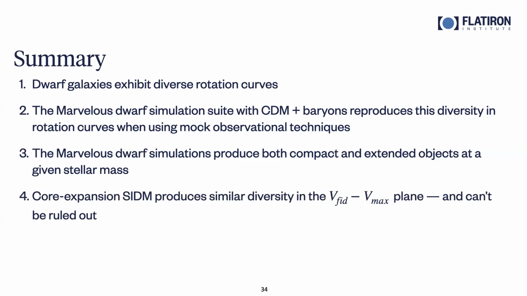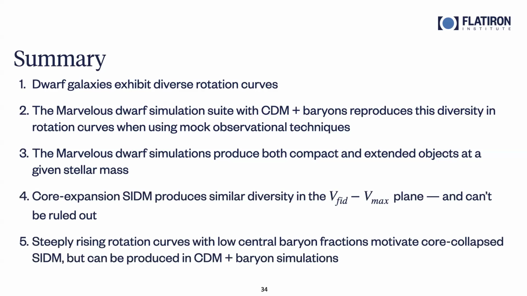This core expansion SIDM produces similar diversity, but you can't rule it out, and so we're trying to think about other ways to disentangle the self-interactions from the baryons in this case. And these steeply rising rotation curves with low baryon mass fractions motivate core collapse SIDM, but you can produce them in CDM plus baryons.